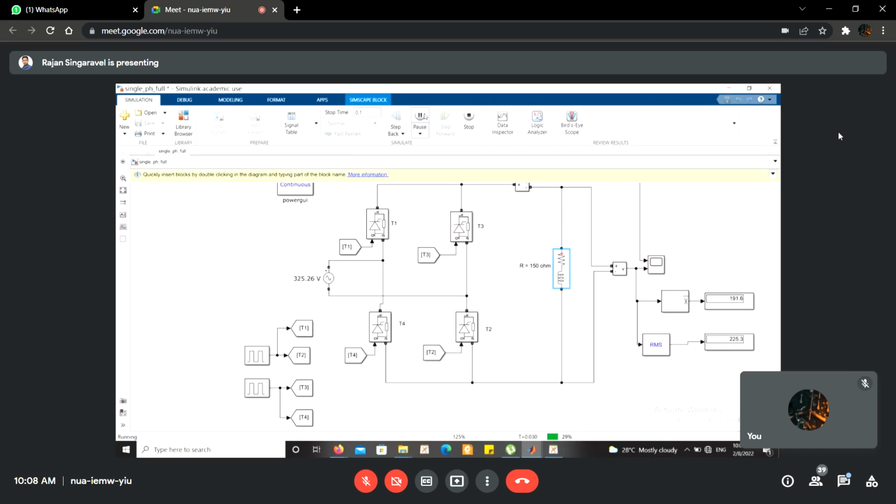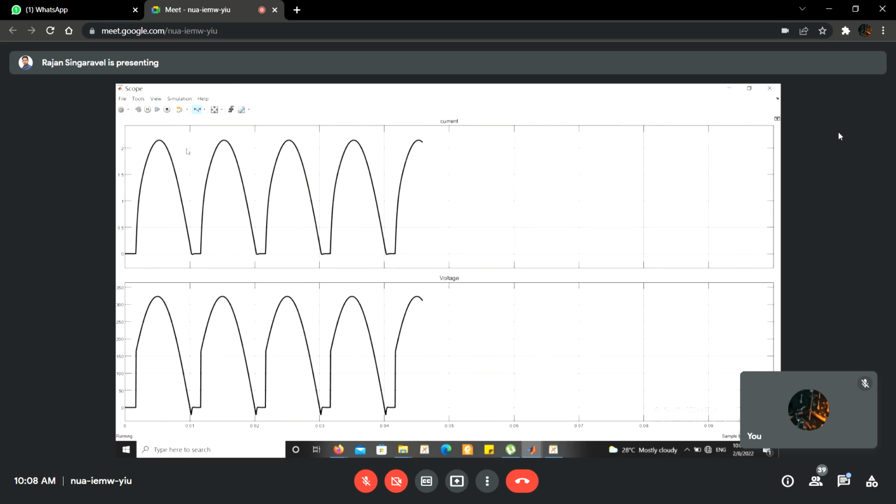Now we got a small reduction in the voltage, right? Instead of 192, we got 191.6. A small reduction in the voltage is available.